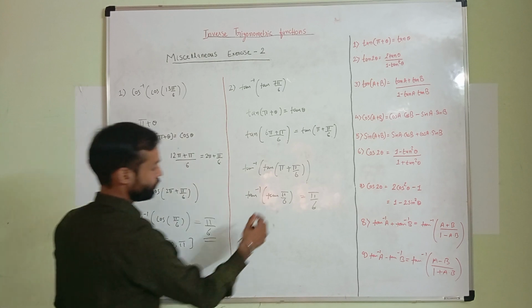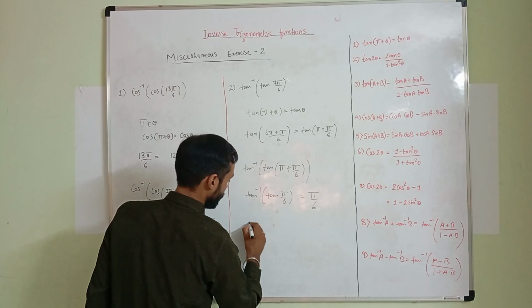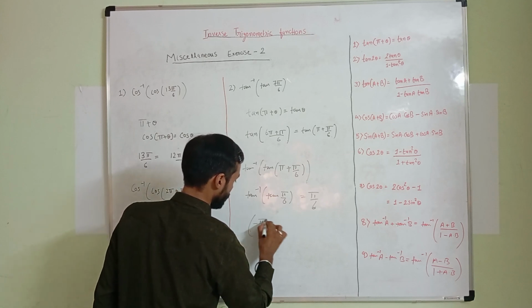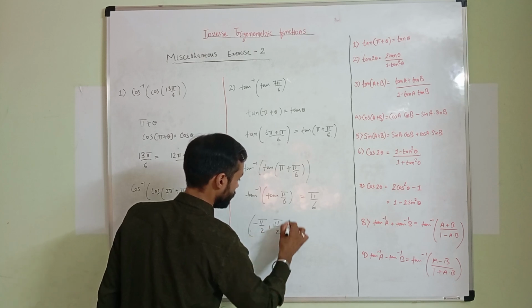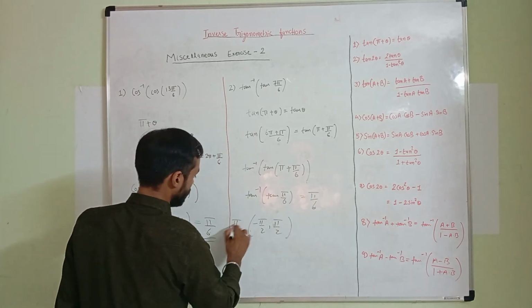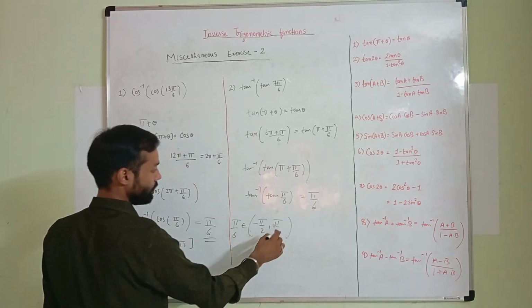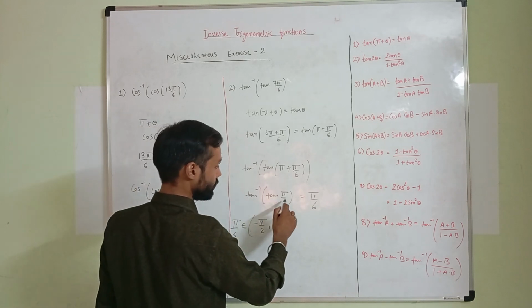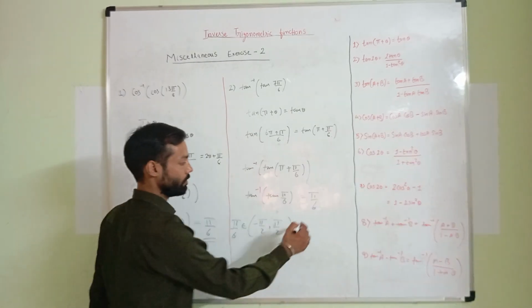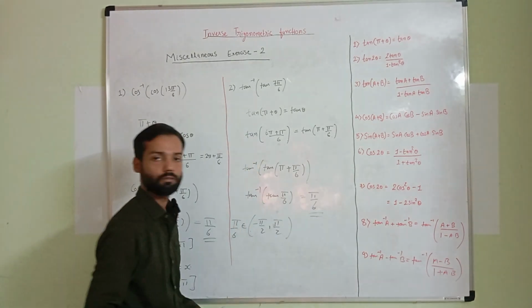In case of the tan inverse function, we have to consider the interval minus pi by 2 to pi by 2. And since this pi by 6 belongs to minus pi by 2 to pi by 2, we can write pi by 6. So our value will be pi by 6.